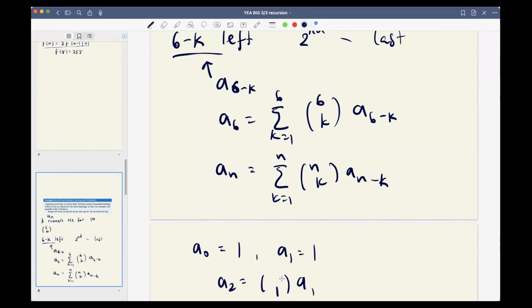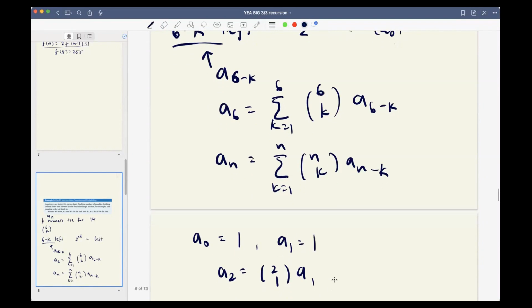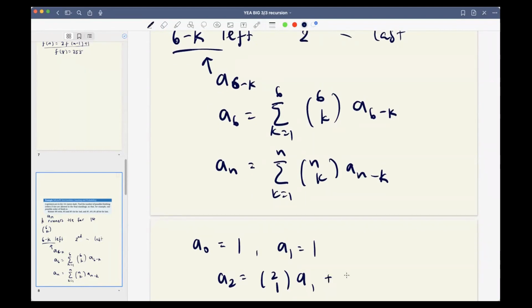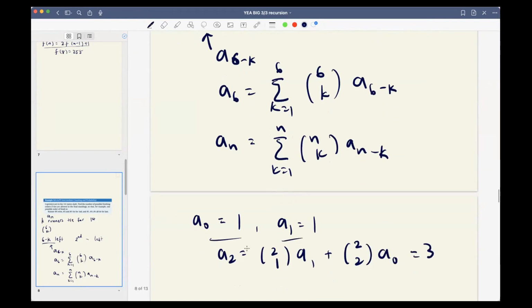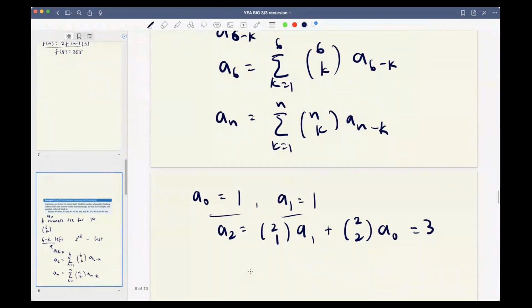So 2 choose 1 times A1, plus 2 choose 2 times A0. And then that would give you 3. So if you plug these in, you can use this sort of method to build all the way up to 6, and then you'll finally get that A6 is equal to this.